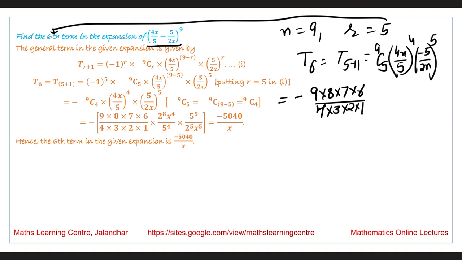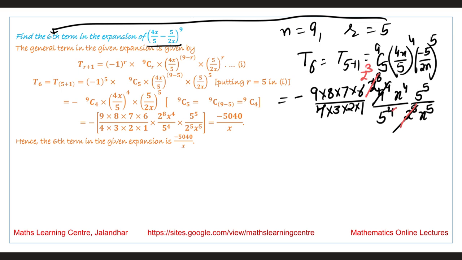Then it is 4 raised to the power 4, x raised to the power 4 divided by 5 raised to the power 4. Then it is 5 raised to the power 5 divided by 2 raised to the power 5 into x raised to the power 5. Now if we look at these values, we can write 4 raised to the power 4 as 2 raised to the power 8. This 2 raised to the power 5 and 2 raised to the power 8 get cancelled, we are left with 2 raised to the power 3.